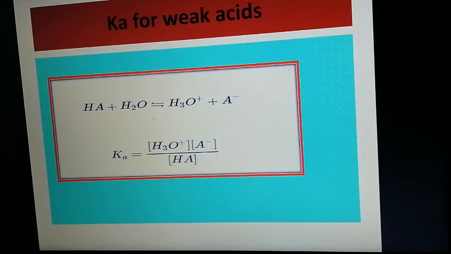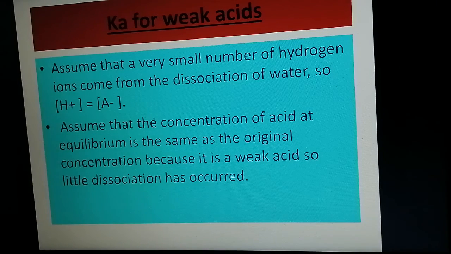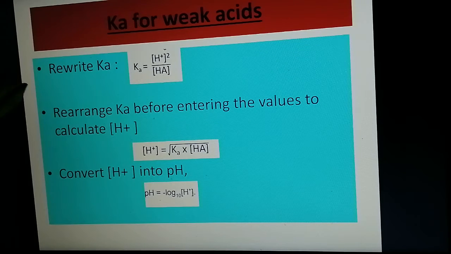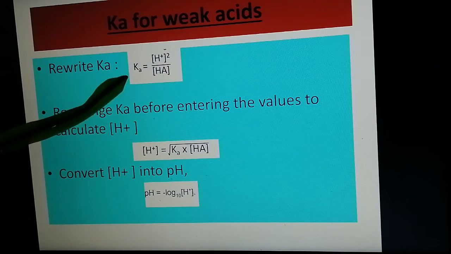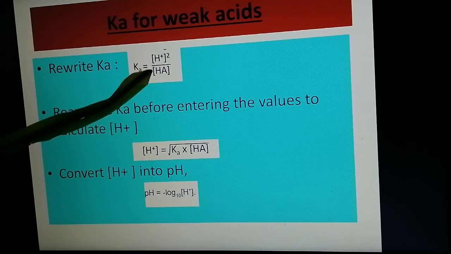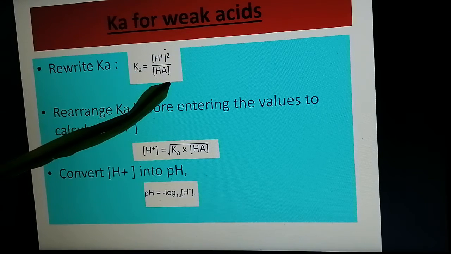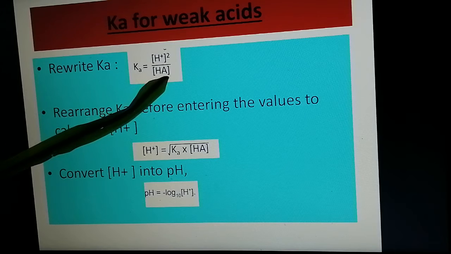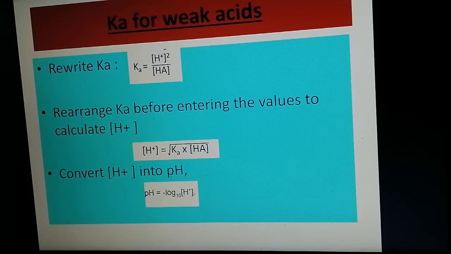So we'll see the next slide. Here we assume that the concentration of H plus ions will be equal to the concentration of A minus ions. So we can rewrite the equation as Ka is equal to the concentration of H plus squared divided by the concentration of HA, the weak acid.